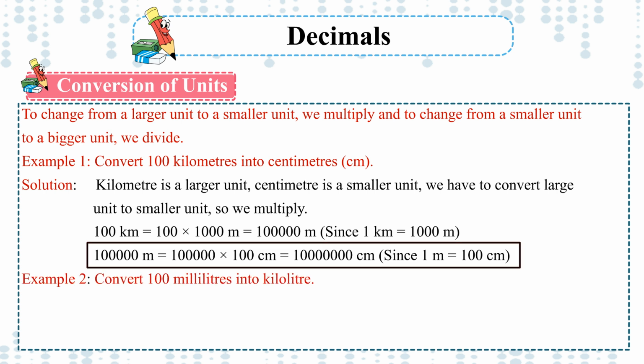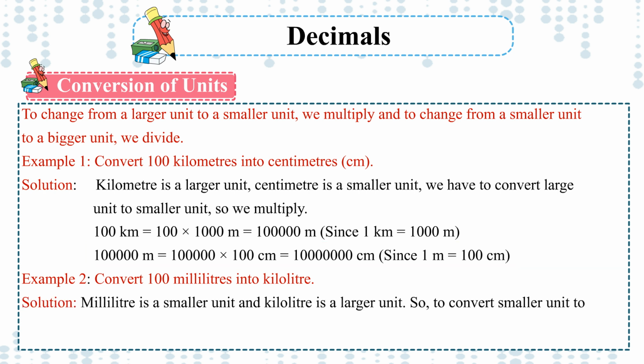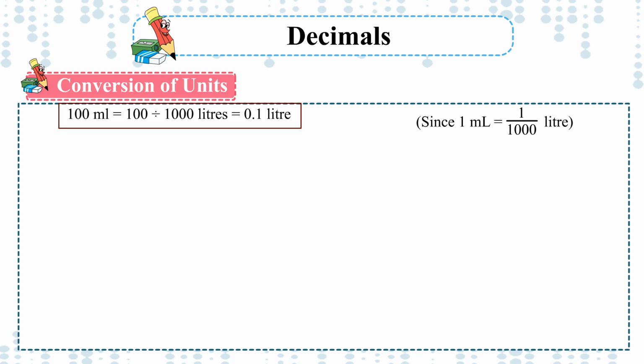Example 2. Convert 100 milliliters into kiloliter. Solution. Milliliter is a smaller unit and kiloliter is a larger unit. So, to convert smaller unit to bigger unit, we divide. 100 milliliters is equal to 100 divided by 1000 liters is equal to 0.1 liter.